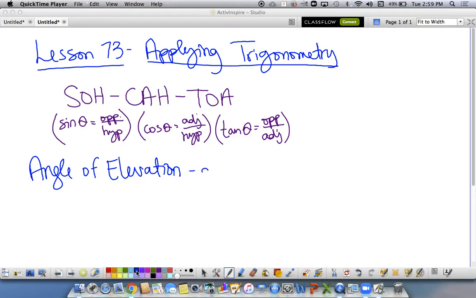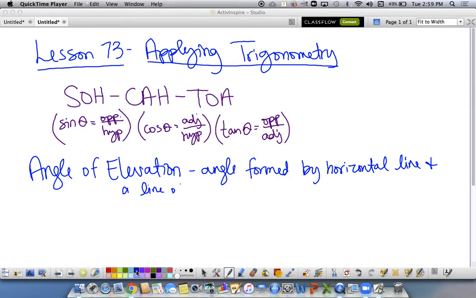Okay, elevation means we are looking up. Okay, we are looking up.